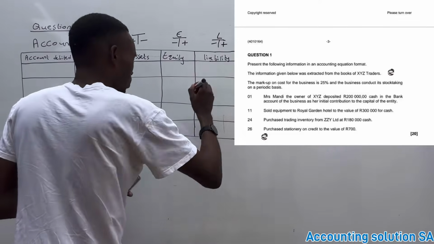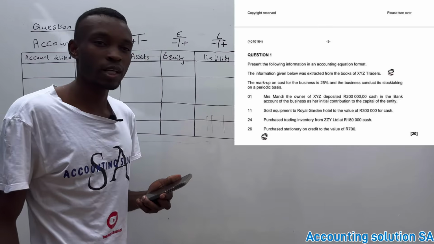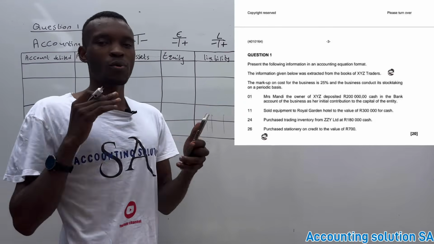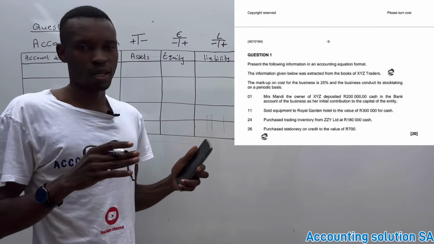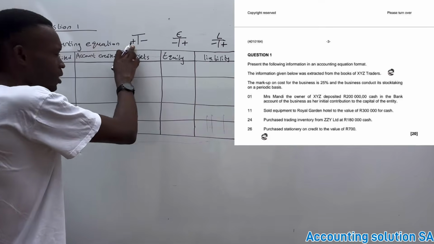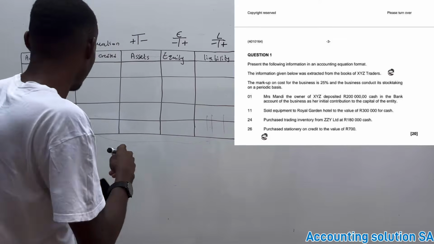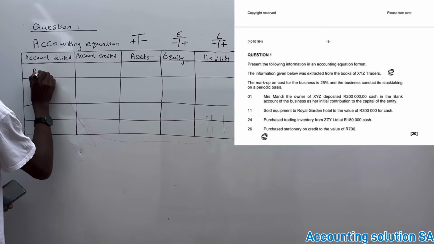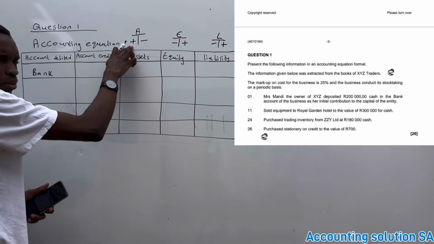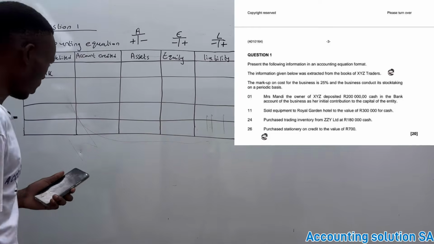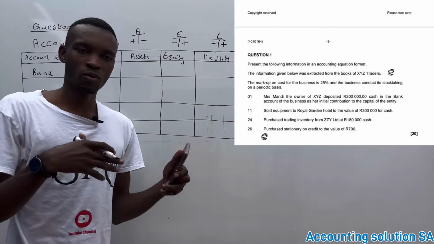Very simple. Okay, now we have identified that the owner has deposited 200,000 into the business, which means that we're going to have a bank. That's the first one. Now the question is, does our bank increase or decrease? Obviously our bank has increased because the owner deposited into the business account, which means that bank will be debited. The reason is because bank is an asset and assets increase on the debit side. Okay, now in accounting, once you debit, you also have to credit.